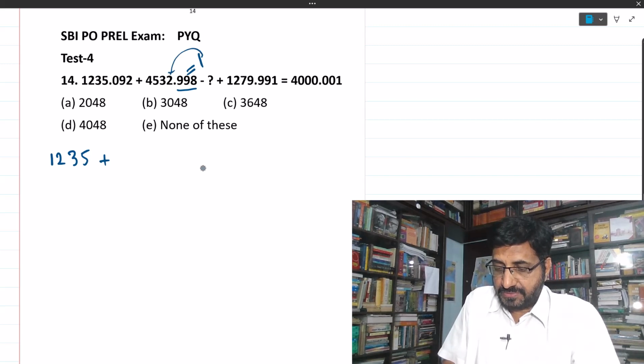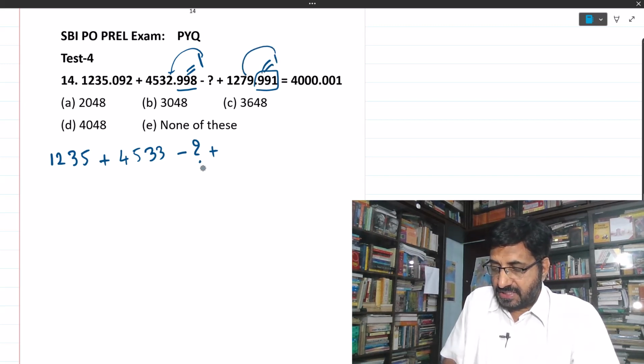Add this 1 to this. It will become 4533 minus question mark plus again 0.991 is there. It is almost equal to 1. So add this 1 to this. It will become 1280. Because this 0.001 is negligible, you can retain this 4000 as it is.